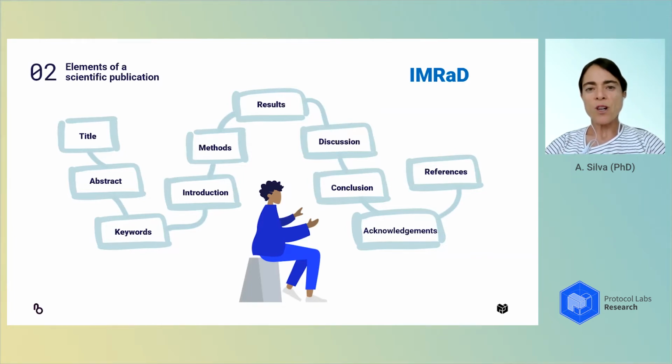So the most common structure for any scientific paper is the IMRaD structure. And the acronym is very simple. It corresponds to introduction, methods, results, and discussion. So no matter what the research field, the vast majority of journals follow very closely this four main section structure.